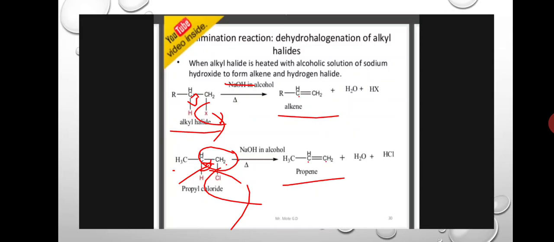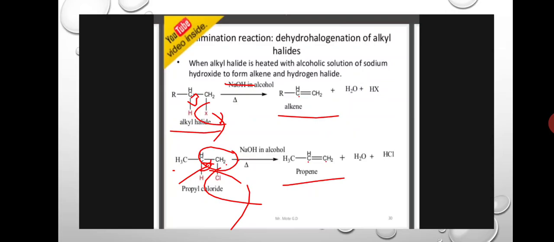Next is elimination reaction, also called dehydrohalogenation of alkyl halides. When alkyl halide is heated with alcoholic solution of sodium hydroxide, it forms alkene and hydrogen halide. What is the alkyl halide here? Propyl chloride we are taking.